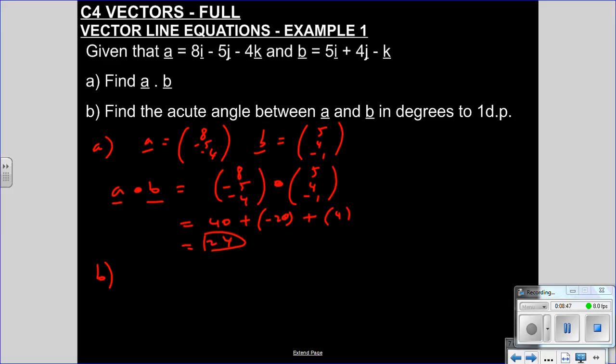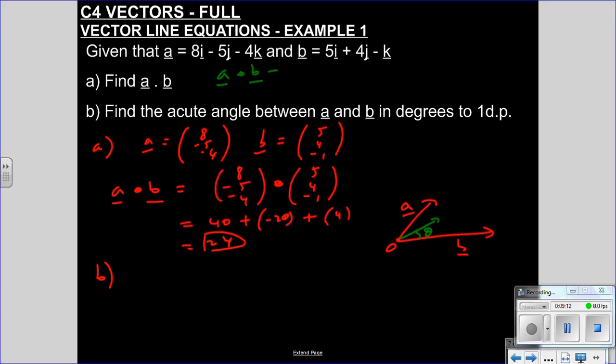Part B says find the acute angle between A and B in degrees. So if this was A and this was B and this was an origin, let's say if you projected the image of A onto B, what would that angle be? Well, this is obviously going to need our second definition of the dot product.